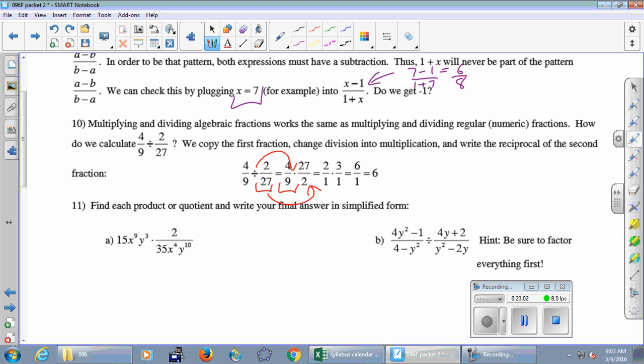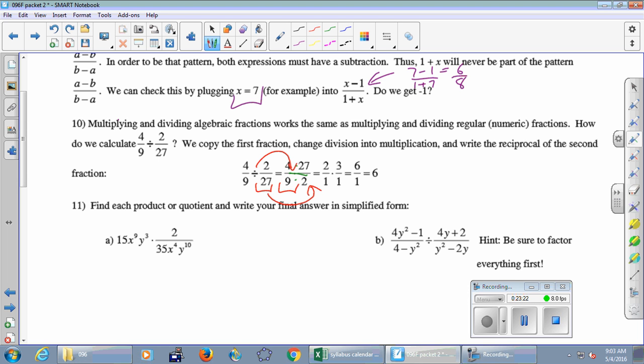It's multiplication. In your mind, you know that you're allowed to multiply straight across. So just visualize this whole thing as one big fraction. There's no two fractions. The 4 is in the first fraction and the 2 is in the second fraction, so they don't interact. It's just one fraction. And absolutely, you can cross them off.